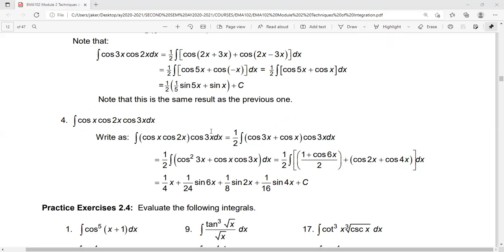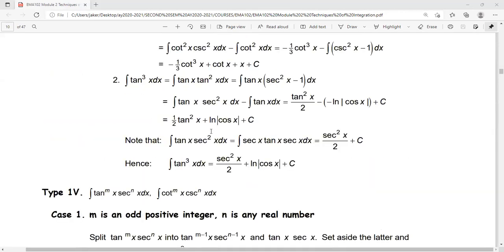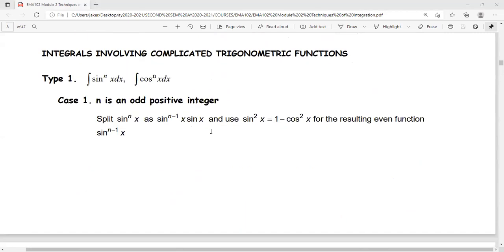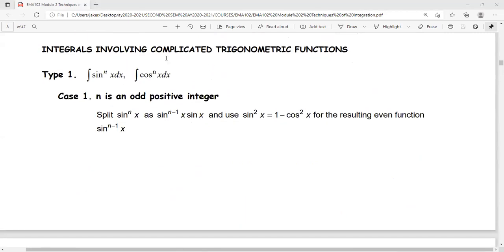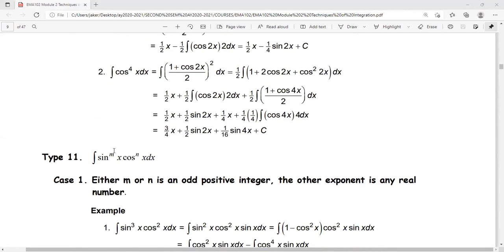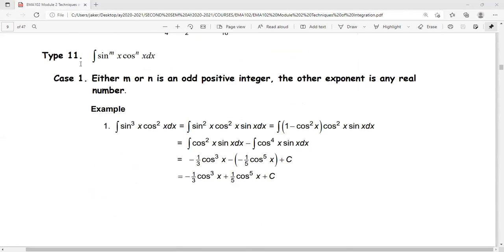Okay, in terms of trigonometric transformation, you have 6 types, all using identities to convert complicated trigonometric expressions to expressions which you can process using the previously learned technique of integration. So this is your type 1, sine and cosine. Type 2 is a combination of sine and cosine raised to exponents.